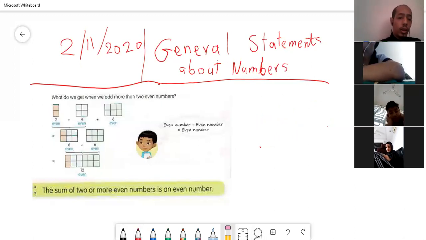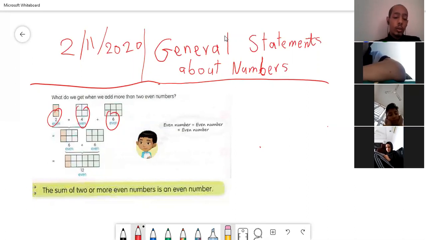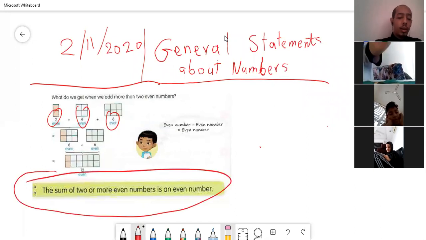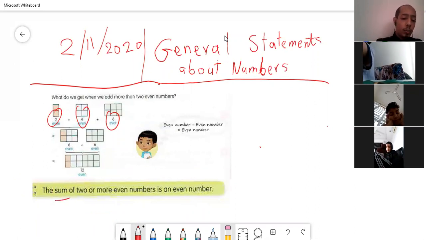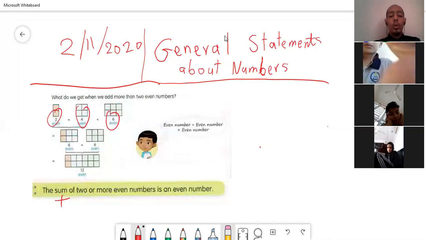When we add them all together, 2 plus 4 plus 6, these are all even numbers, so we are going to get an even number as well. So the statement says the sum. What does it mean? The sum means plus. The sum of two or more even numbers is an even number. Is that clear?